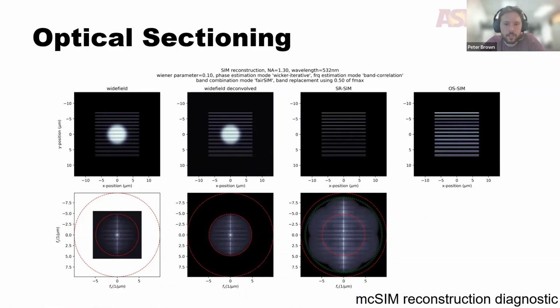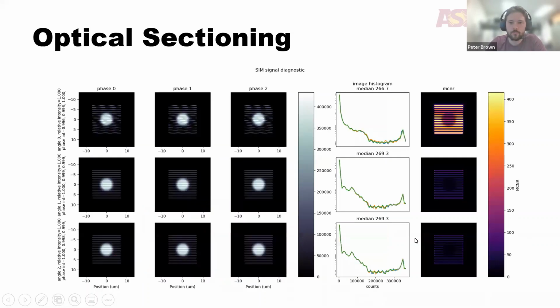In our mcSIM package, one way to look at this is to look at our reconstruction diagnostic, where we compare the wide field image and its Fourier transform with the SIM image. And so it can be convenient to compare these two in real space, and then also to look for potential artifacts in the Fourier space of the SIM reconstructed image.